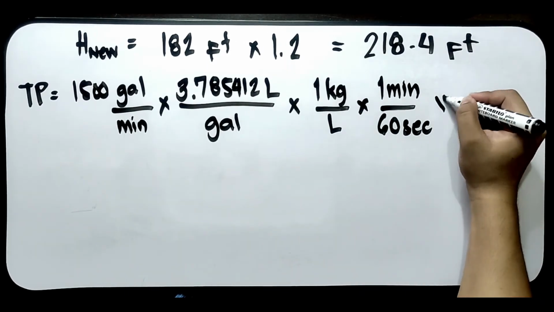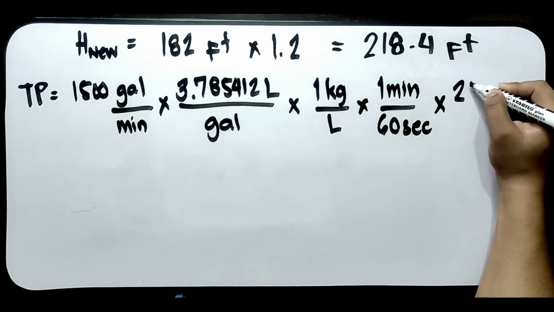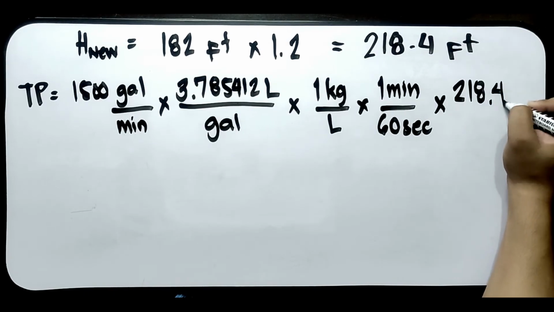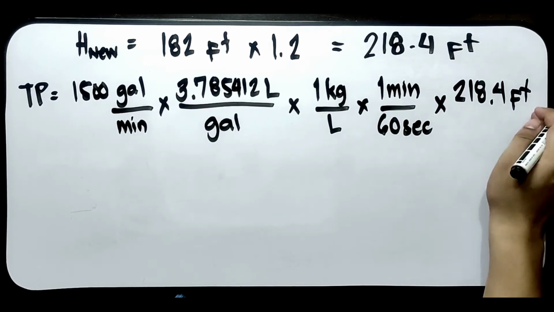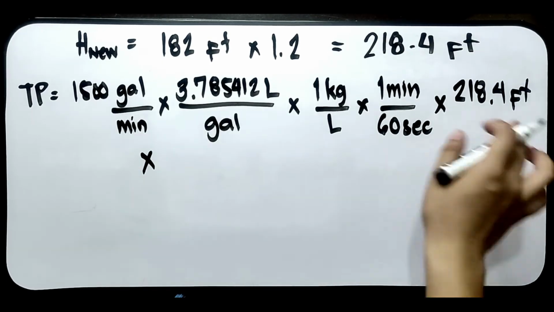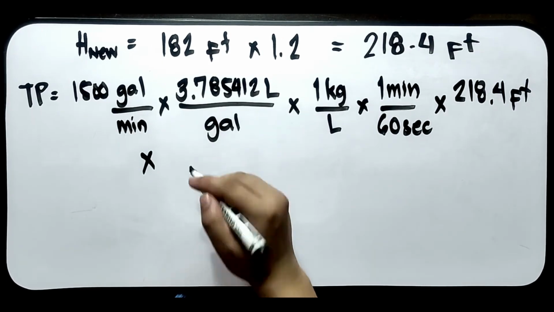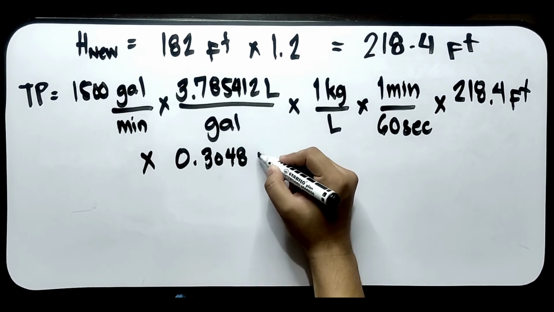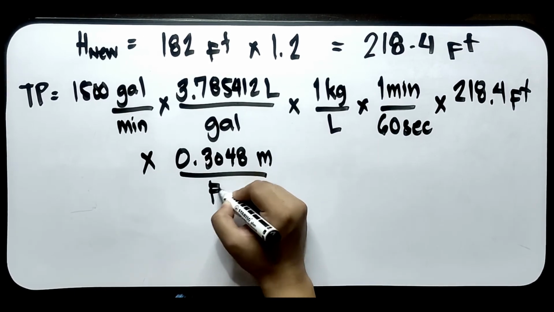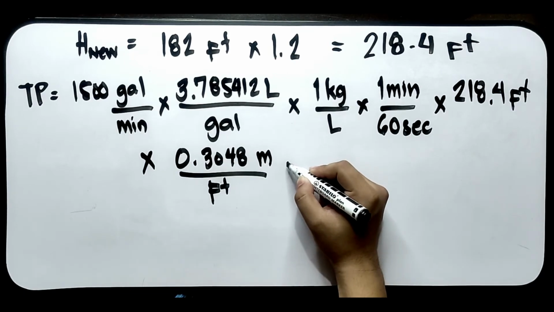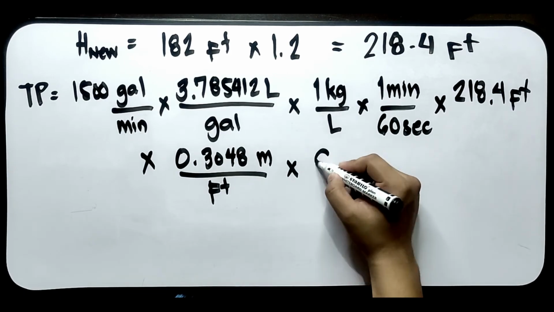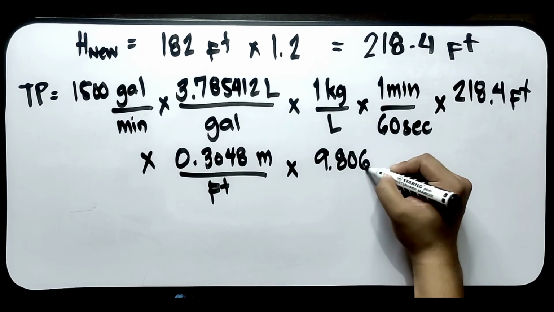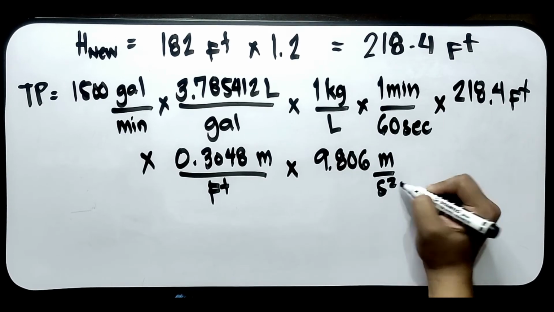Then, ito yung ating head. Since naka-feet siya, i-multiply ko siya sa 0.3048 meters per feet. Then, times 9.806 meters per second squared na gravitational acceleration.